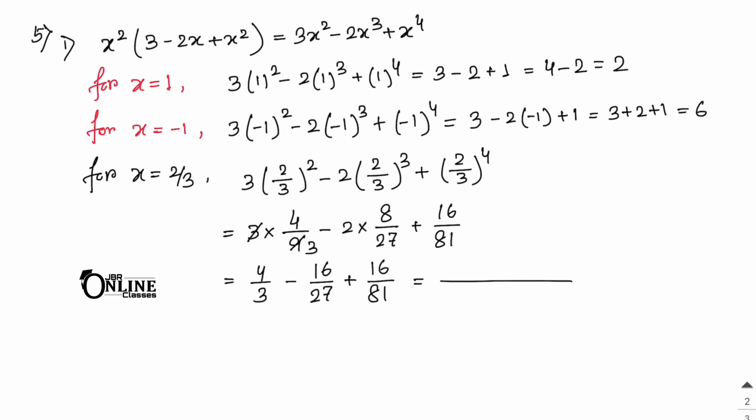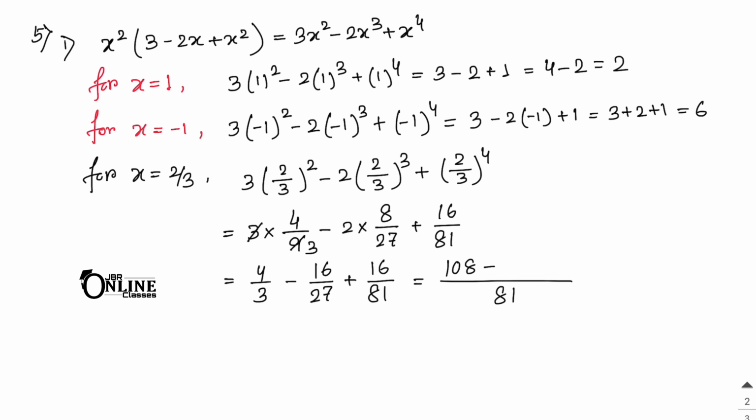So here the LCM will be 81. Then if you divide 81 by 3, it becomes 27. Then 27 multiplied with 4 equals 108.